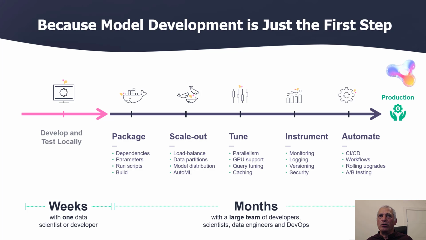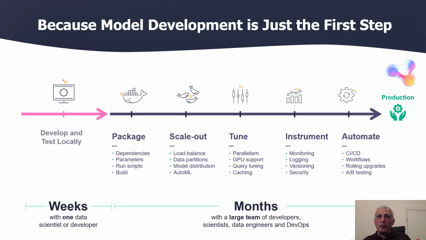So we need to be able to partition our workloads, whether it's load balancing the traffic coming in, or if it's a large data set, we need to partition that data into smaller sets to work with. We need to potentially distribute the model training work, or maybe apply AutoML and distribute the work of AutoML across different algorithms and different model permutations.